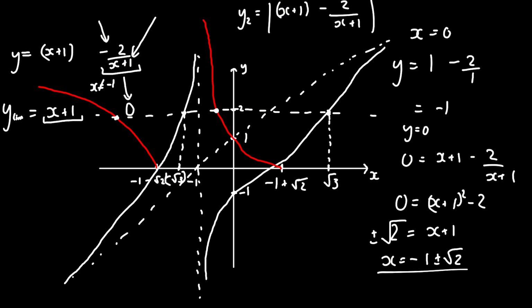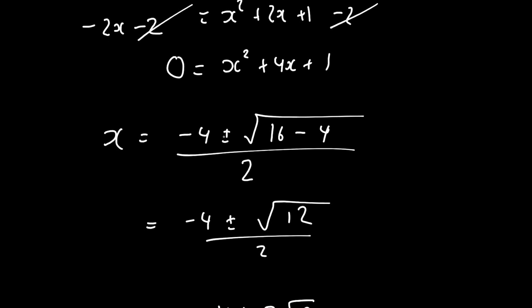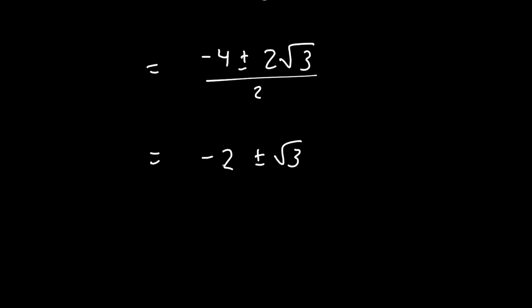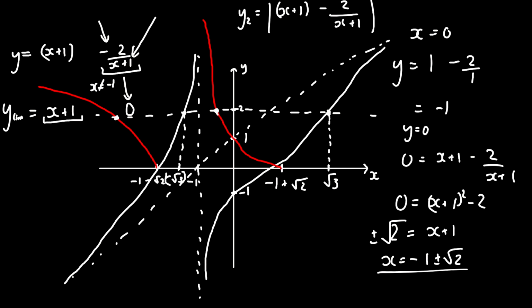It's not going to be clear, I'm just going to put that in brackets. And for our red graph, our red function, that's going to be minus 2 plus root 3 and minus 2 minus root 3.